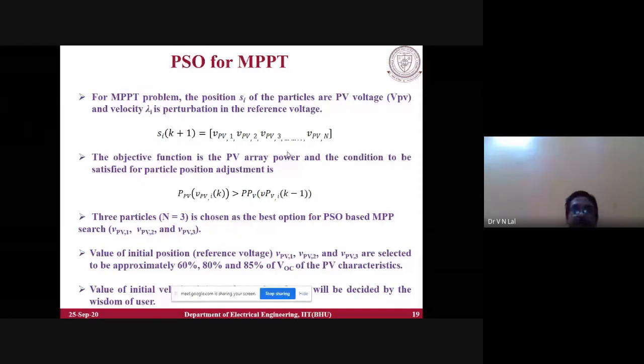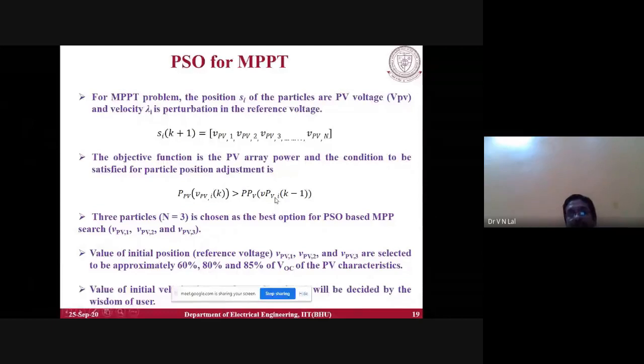Okay, so consider the PV array power for the ith particle. Suppose the ith particle is the second particle. So for the second particle, the position means the second PV array voltage. For that PV array voltage at the kth instant, the present instant, if the corresponding PV array power is more than that at the previous position of VPVi, then what is needed?